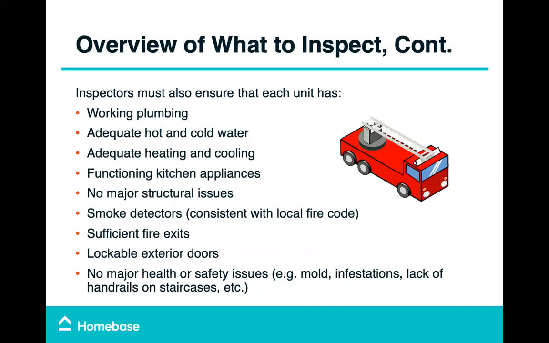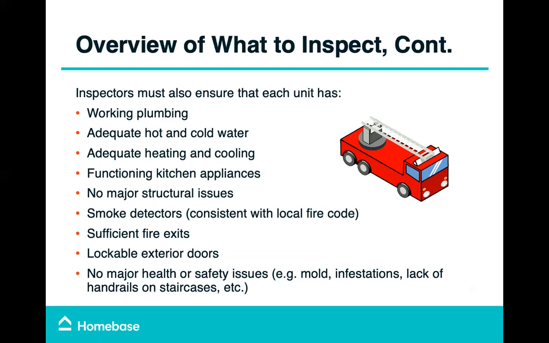You are going to want to make sure that the building does not have major structural issues such as buckling walls or a roof that's collapsing. The unit has to have smoke detectors, and the specific rule states that there must be at least one battery-operated or hardwired smoke detector in proper operating condition on each level of the dwelling unit, including basements, but excluding unfinished attics.